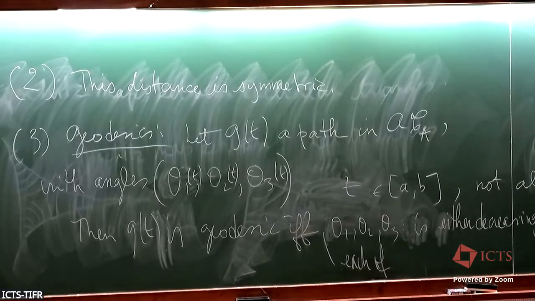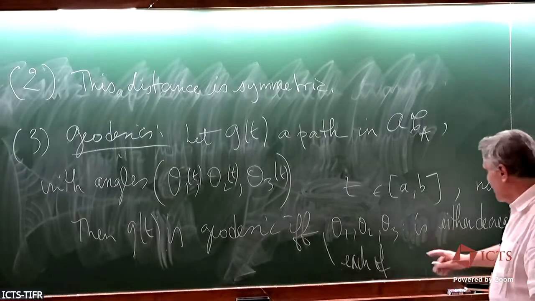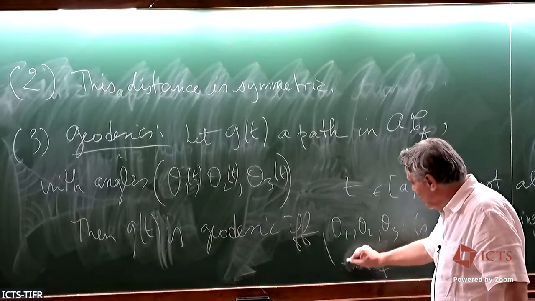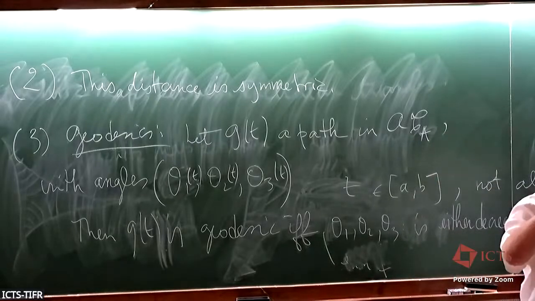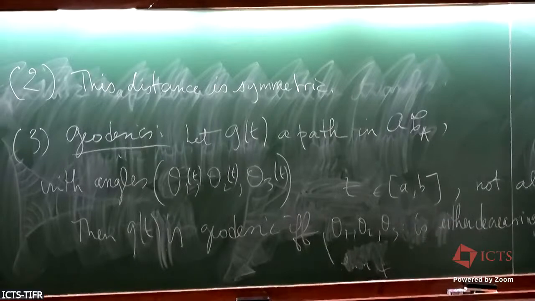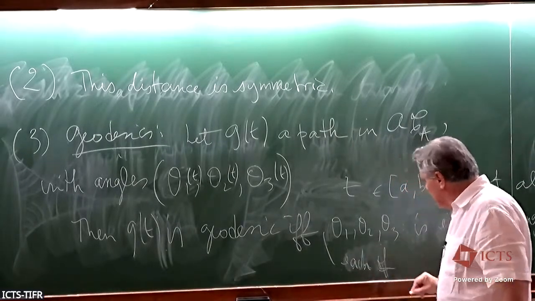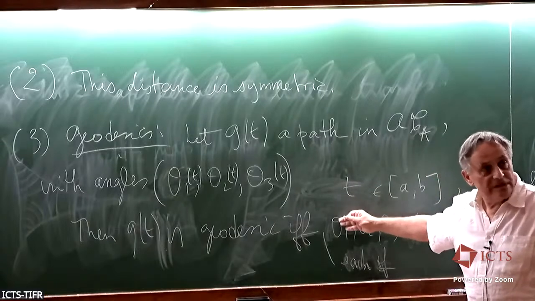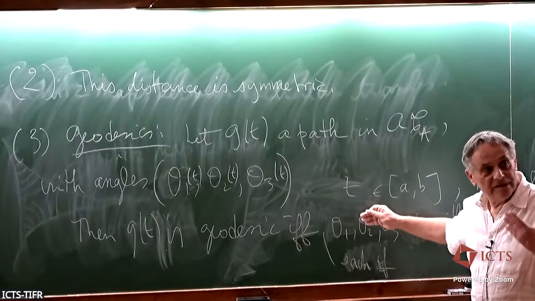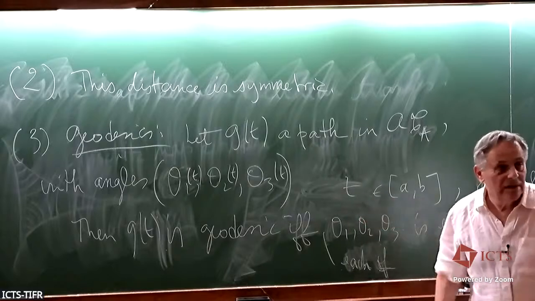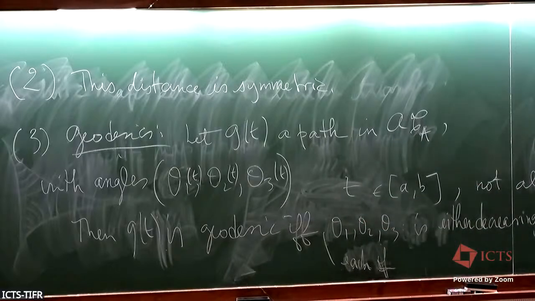This is why I changed, in fact. So one can be decreasing and the two increasing and so on. This is why I said each. So theta 1 is either decreasing or increasing. Theta 2 is either increasing or decreasing, but not at the same time, of course.